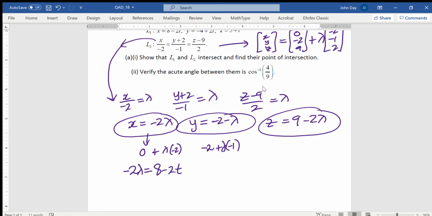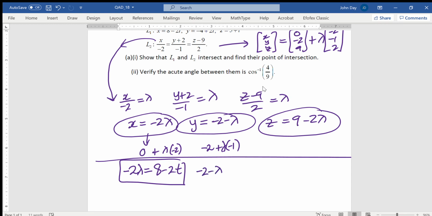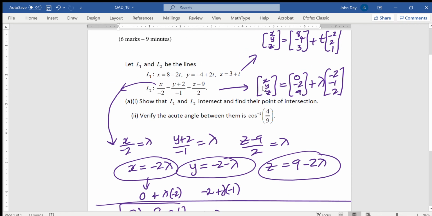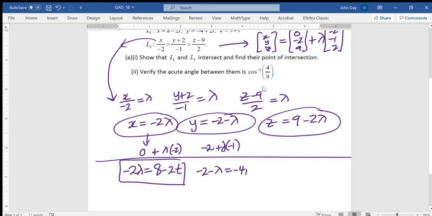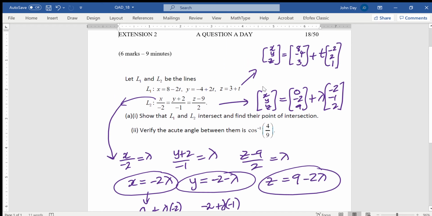So there's one equation, and then I need to show the y parts, which is minus 2 minus lambda, is equal to, I'm just looking up here, the y part is minus 4 plus 2t. And the third one is 9 plus 2 lambda is equal to 3 plus t.